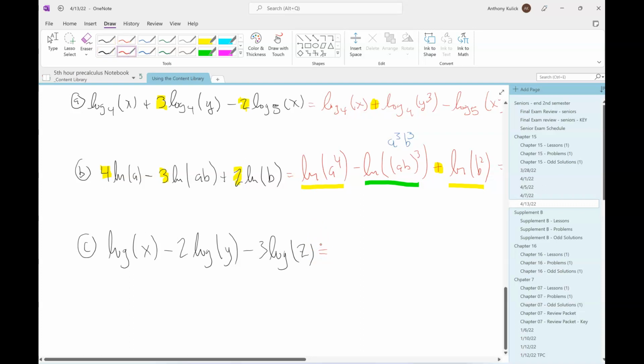So we have the log of x minus 2 log of y minus 3 log z. First thing we look for is power properties. Do we see any power properties? 2 of them. Yeah, right here and right here.